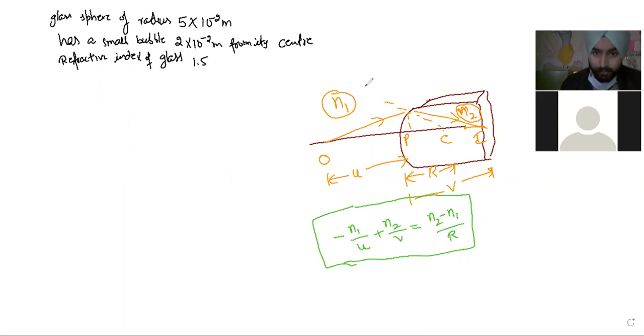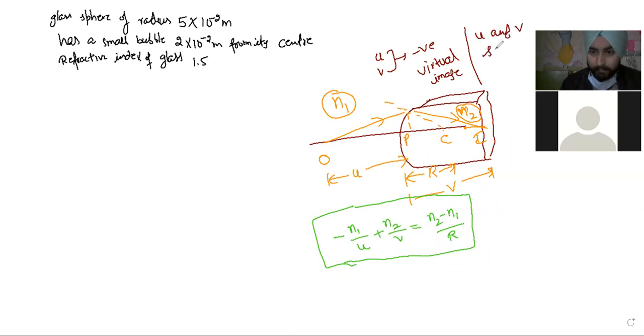First of all, if both U and V are negative, so your image will be virtual in nature. So your image will be virtual.